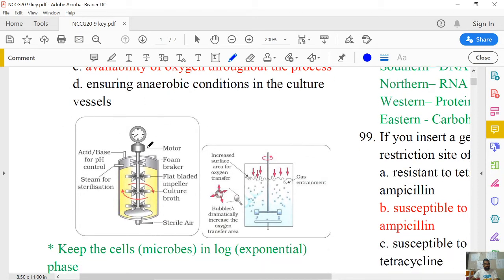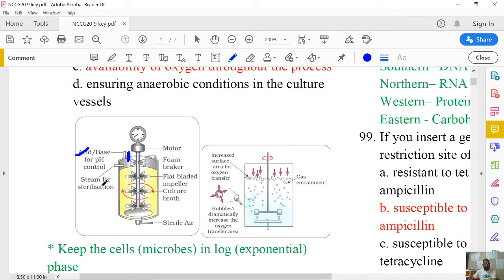See, apart from the stirrer, the additional things which you see in the bioreactor are there will be the provision for passing the sterile air into the bioreactor, and we'll have the provision for monitoring the pH as well as temperature also. It's not shown, but there will be temperature monitor also. So there will be a sensor for temperature also.